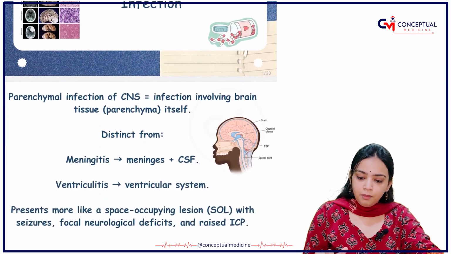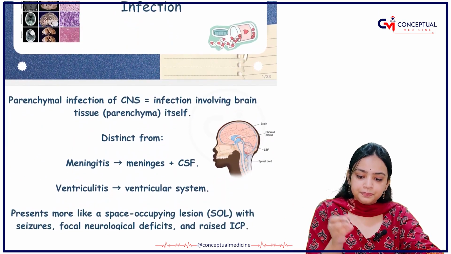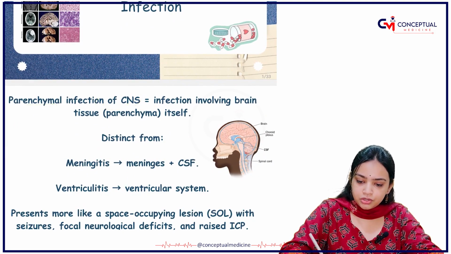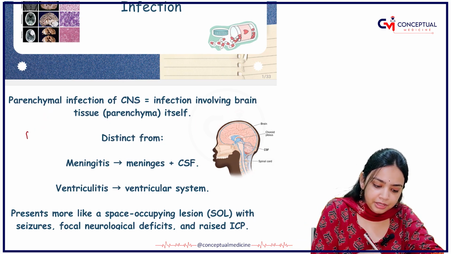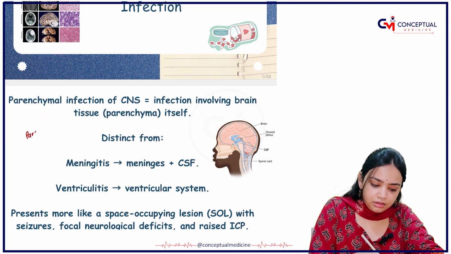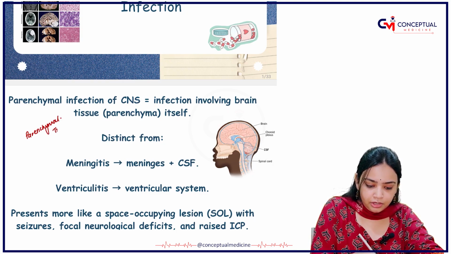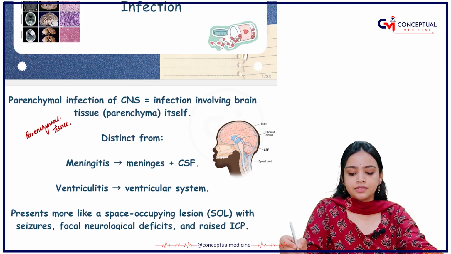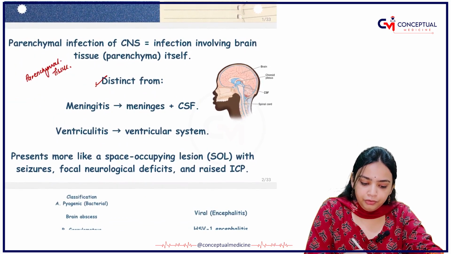So let's first see what is parenchymal infection. Parenchymal infection is basically an infection of the central nervous system which involves the parenchymal tissues, right? They are of two types.